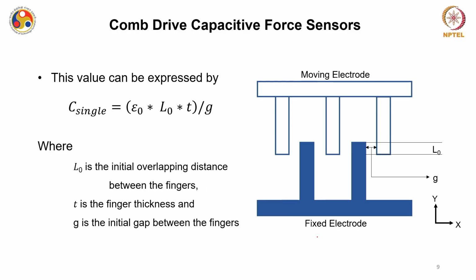This value can be given as, if I am not considering any dielectric material, I am considering only air, epsilon naught into L naught into T divided by G, right, where L naught is the initial overlapping distance between the fingers, T is the thickness of the finger, while G is the initial gap between the fingers.